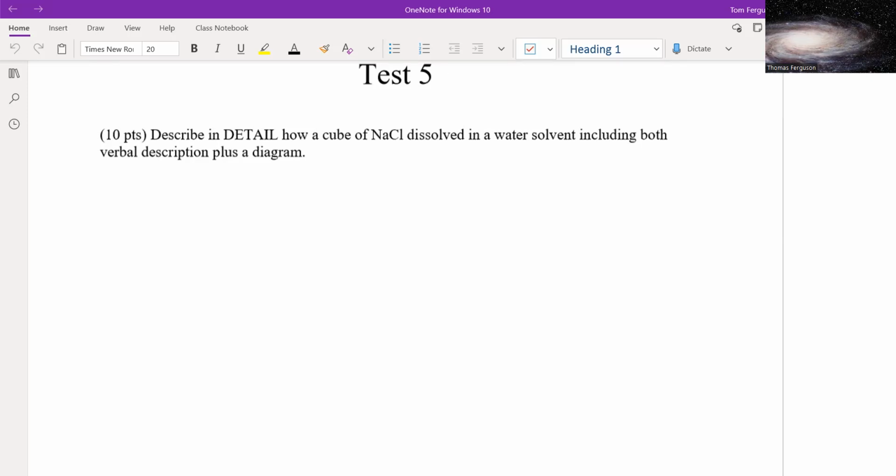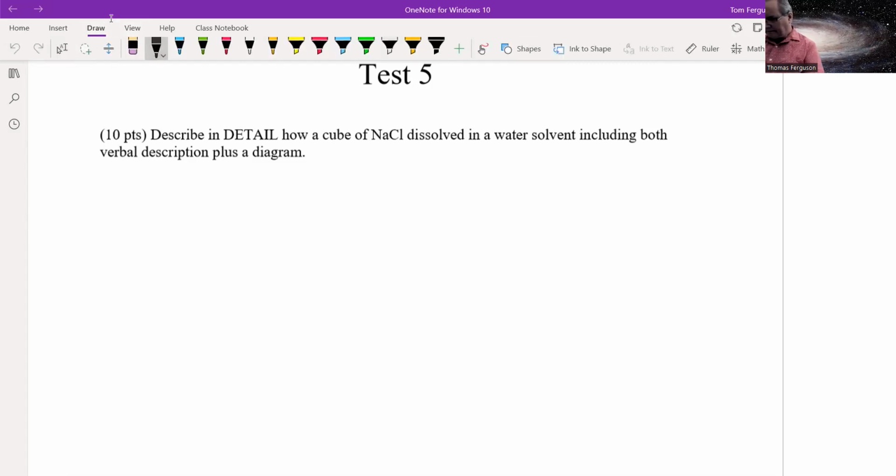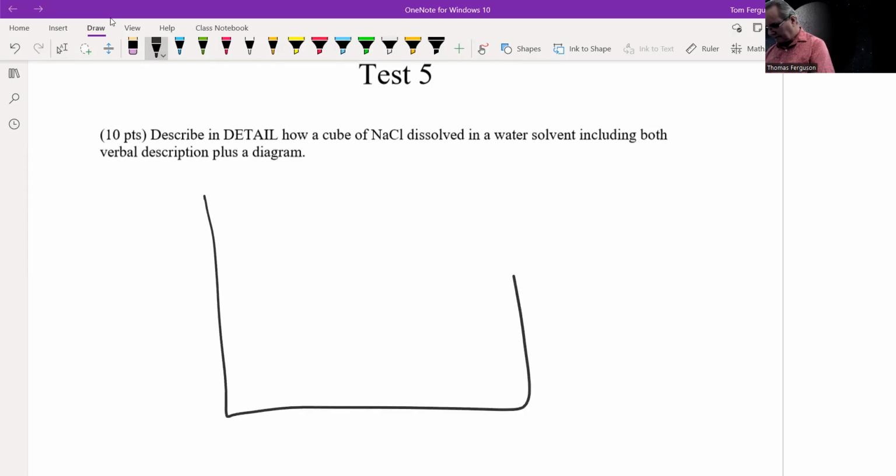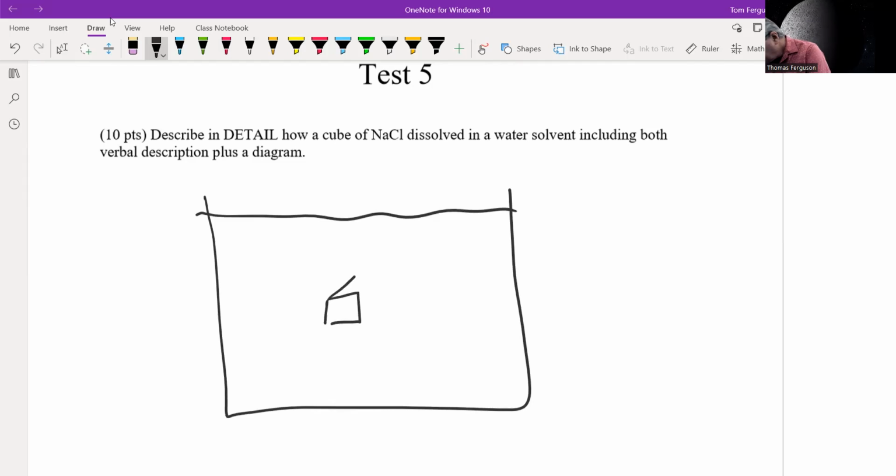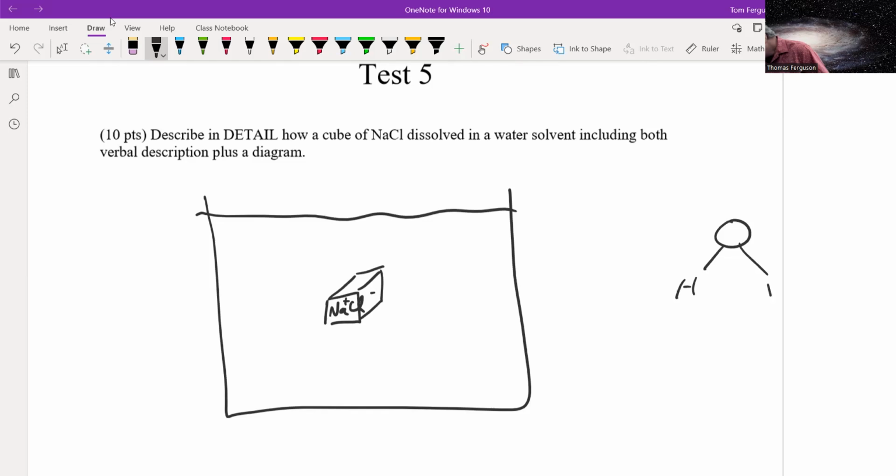Okay, so it's going to be something like this. Okay, so that's the crystal of sodium chloride. And remember, water is not a symmetrical molecule.